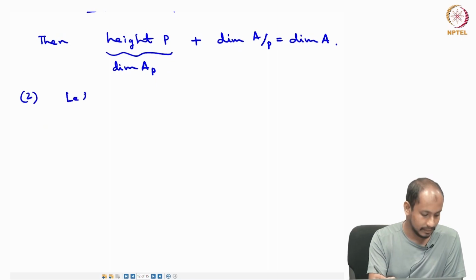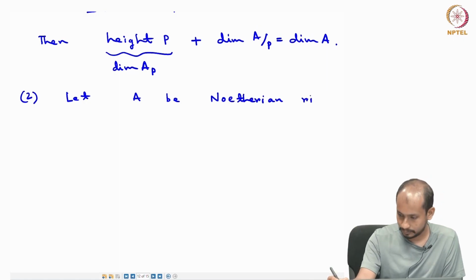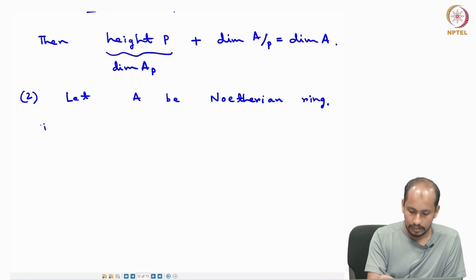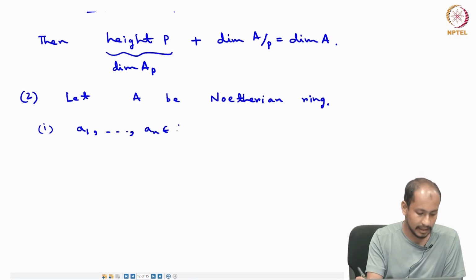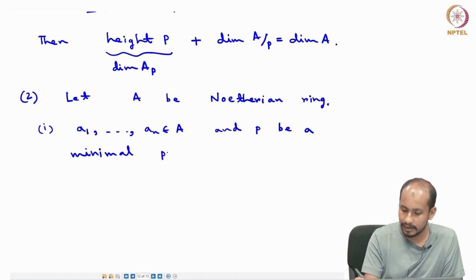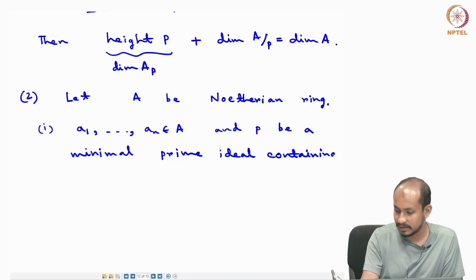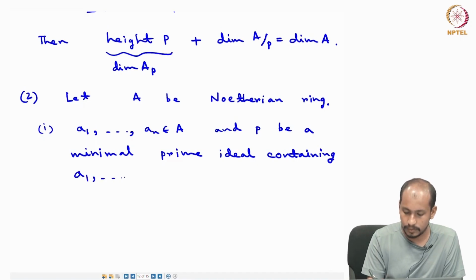Now, let A be a Noetherian ring. Say a1 up to an inside A be some elements and P be a minimal prime ideal containing these elements a1 up to an.